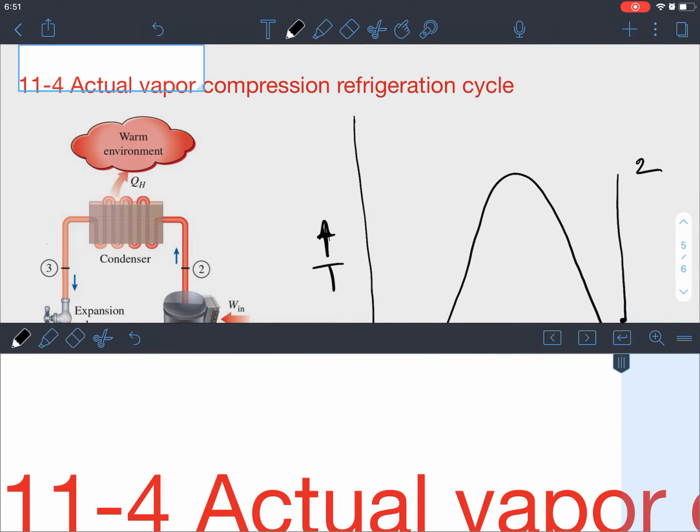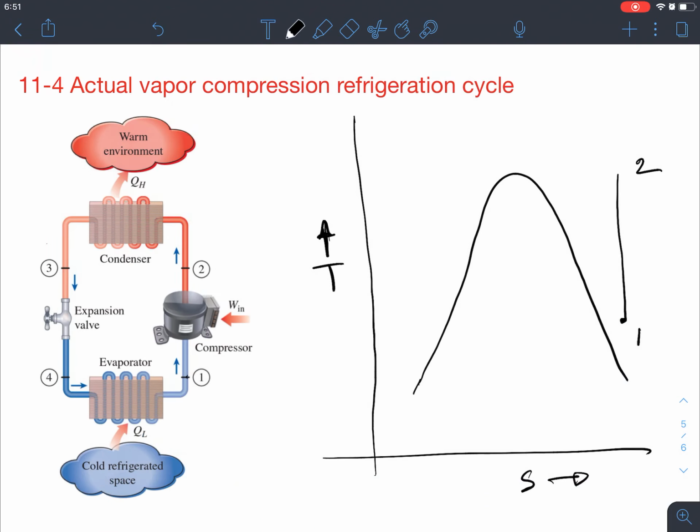In the ideal case we saw that this line is something like this. In the actual case, if we consider this point as 2 prime, that line is something like this. This is 2 prime.